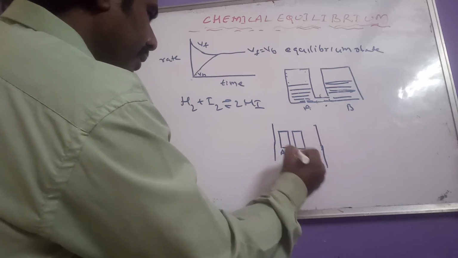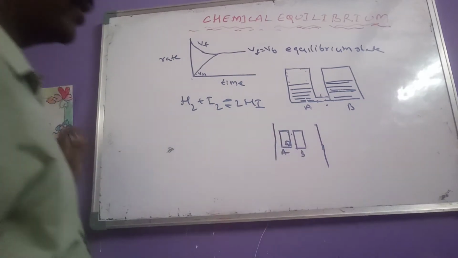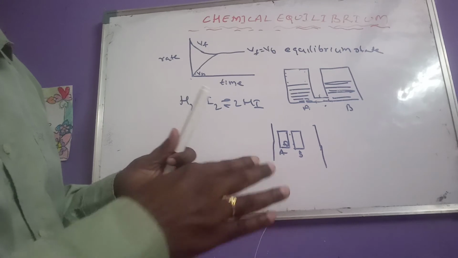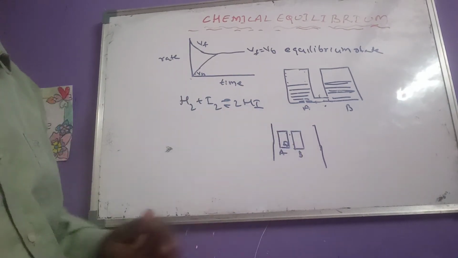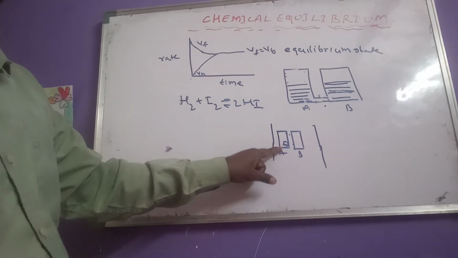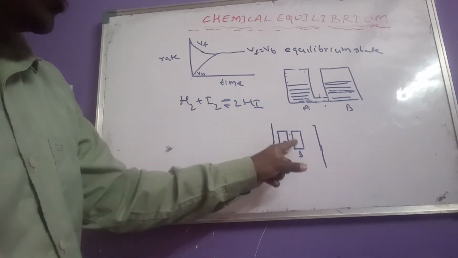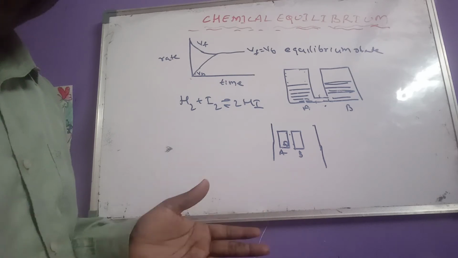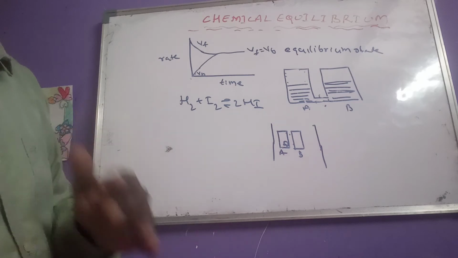This is A and this is B. If we are sitting in the A bus, and both buses are moving with the same velocity, 70 kilometers per hour, then by sitting in one bus, if you observe the second bus, we feel that bus has stopped, that it is not in a moving condition. But actually at that time also, both buses are moving.